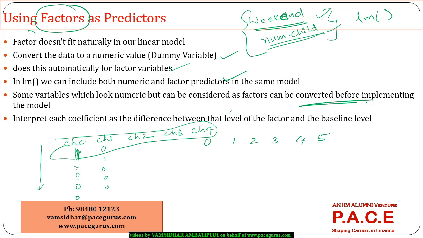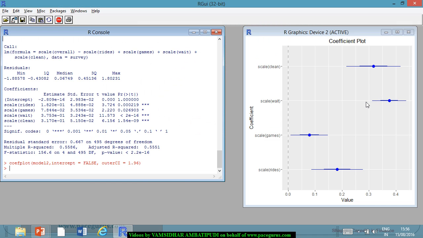So you can really look at this. We'll create one more model now. Let me call it model 3, wherein I'll use the LM. I'll take overall as my dependent variable. My independent variables are still games, rides, waiting time, cleanliness, but I'll give the factor that I have, weekend, and I also have number of children, but that's taken as a number.